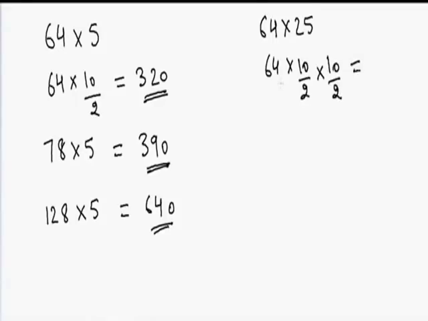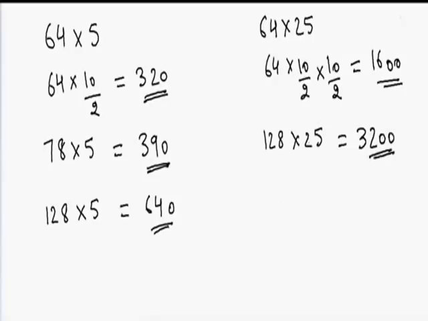Half of 64 is 32, half of 32 is 16. The answer is 1600. Again, if I have 128 and want to multiply by 25, in that case it will be equal to half of 128 is 64, and half of 64 is 32. It's 3200.